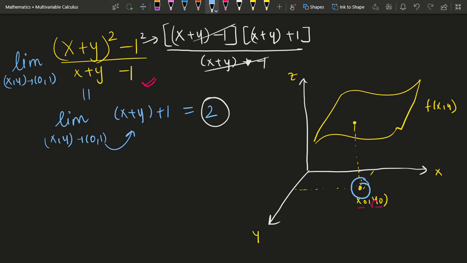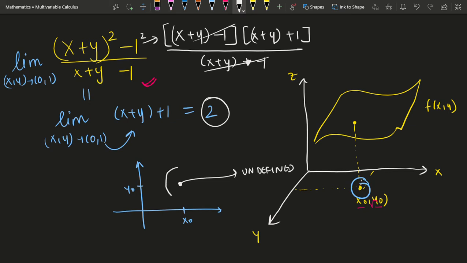So if you look at the xy coordinate plane, let's say that x naught, y naught was here, and at this point right here the function's not defined, but around it in some neighborhood it is defined.